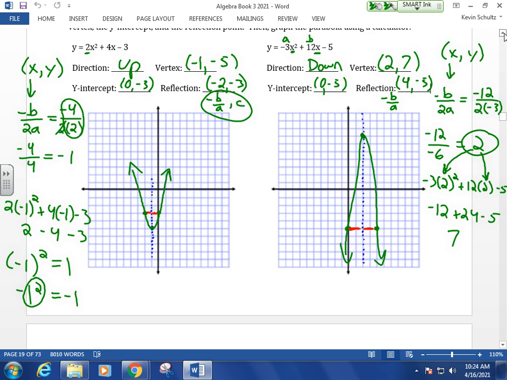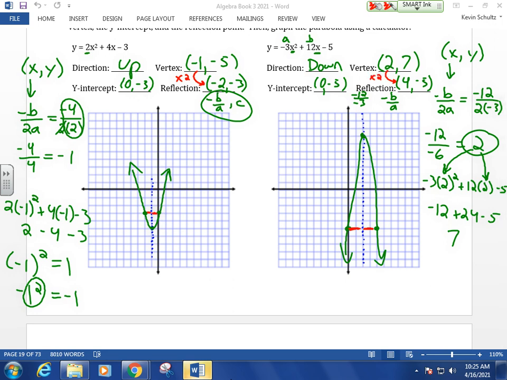Violet. How'd you get the 4? So going from this negative b over a formula, our b is 12. So it would become negative 12 over a, which is negative 3. Negative 12 divided by negative 3 is positive 4. Or maybe you also noticed that the relationship between the x value of the vertex and the x value of the reflection point is just doubled.